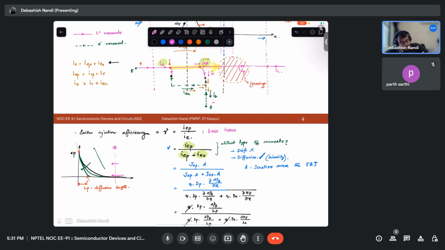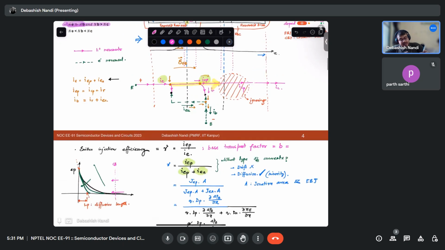Can you tell me? Base transport factor is defined by B, which is nothing but ICP over IEP, that means this quantity over this quantity. So this is called the base transport factor.